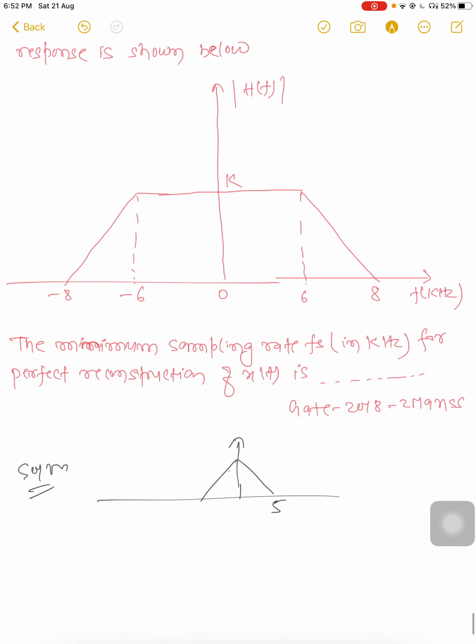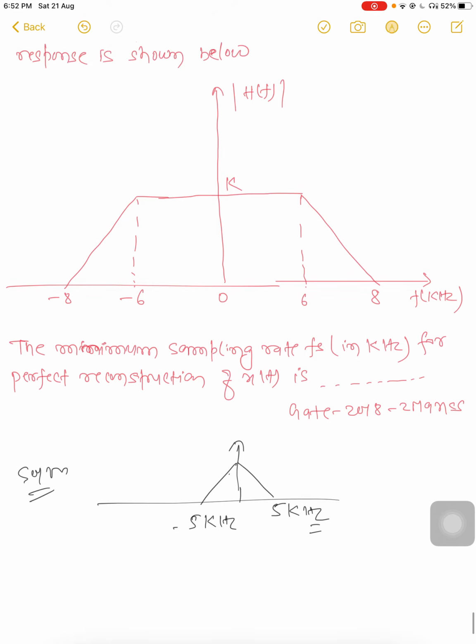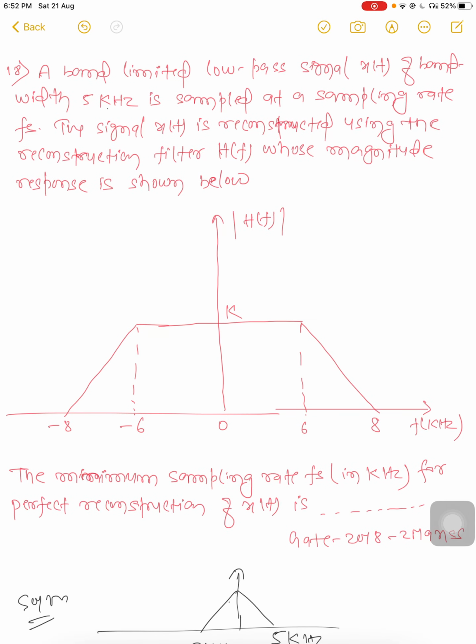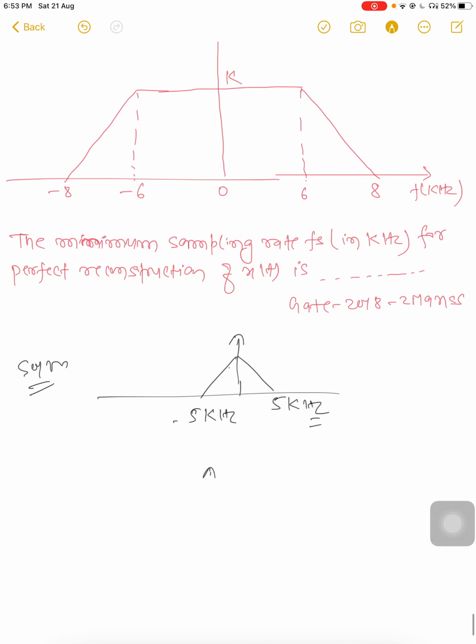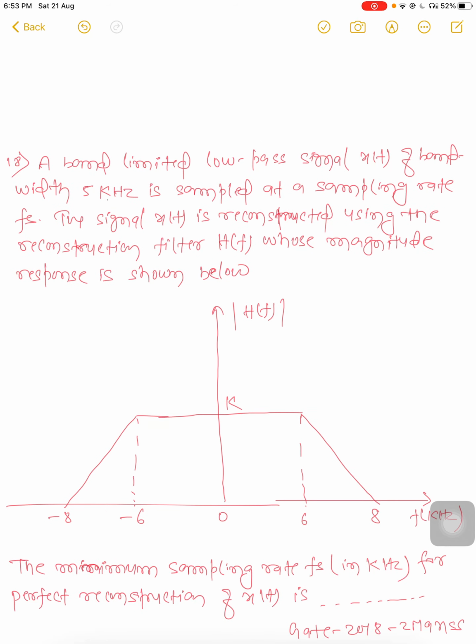Let us consider an arbitrary signal which has bandwidth 5 kilohertz, minus 5 kilohertz to plus 5 kilohertz, and it is passed through the sampling process. After sampling, you will get the spectrum of the sampled signal.